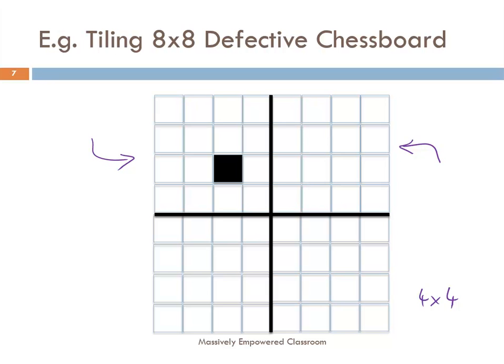We need a trick to make sure that the smaller problem is of the same kind as the larger problem. The larger problem was a defective chessboard problem where exactly one square was defective. Now how do I make the smaller problems also defective chessboard problems? And the trick we do is we artificially introduce defects in all those 3 of them while ensuring that it is still possible to tile them.